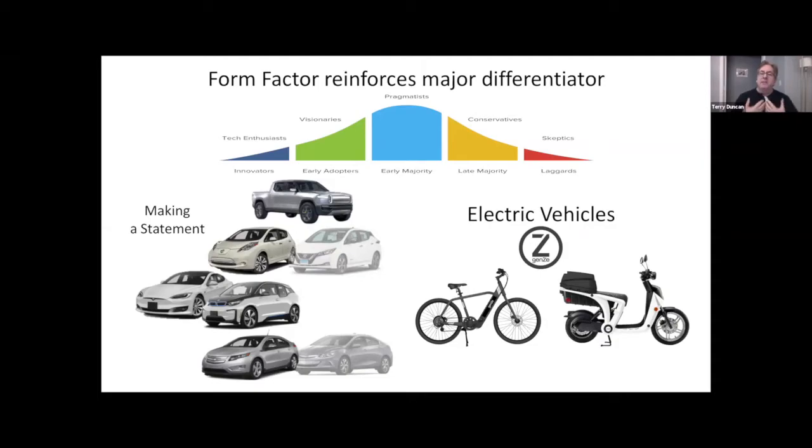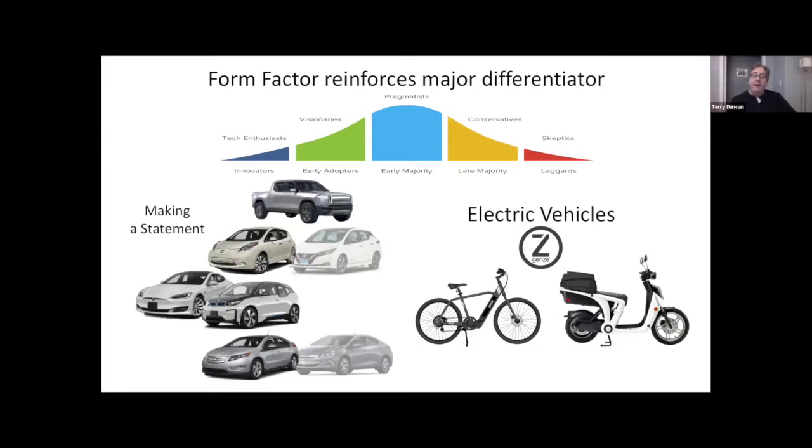And sure enough, the designs of those vehicles are starting to become a little more mainstream. The second generation Leaf is not nearly as goofy as the first generation Leaf, which was screaming, hey, look at me, I'm different. Because the people buying a first generation Leaf wanted to be known for driving something different. So having a somewhat unusual design was perfect for that audience. But now as it goes more mainstream, so does the design. The Bolt is another example of that.